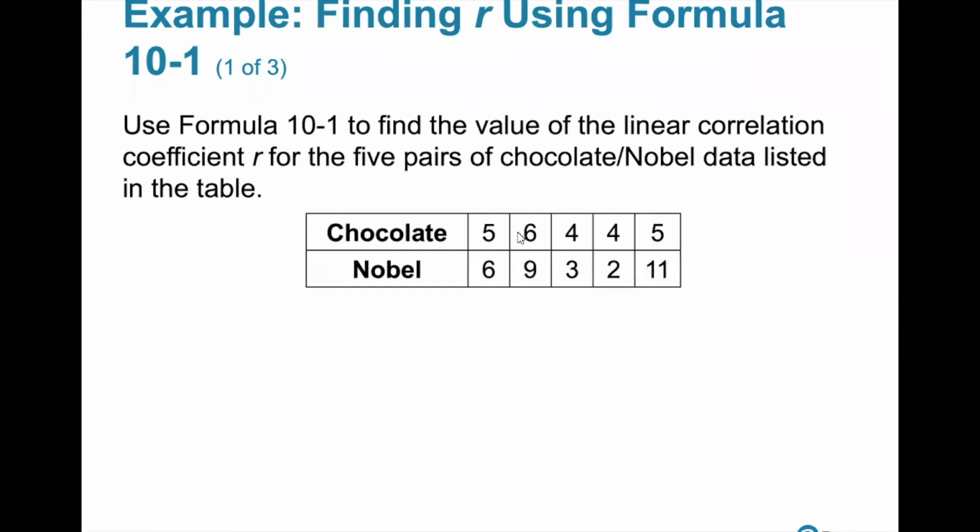The numbers under chocolate are the amount of chocolate consumed by people who live in this country, I believe in kilograms per capita, and Nobel is the number of Nobel Prize winners from that country. So we want to see if there's a correlation between how much chocolate people eat and how many Nobel Prize winners come from that country.